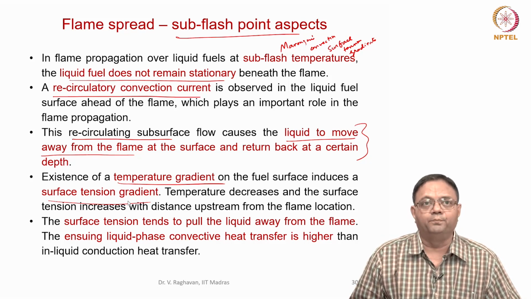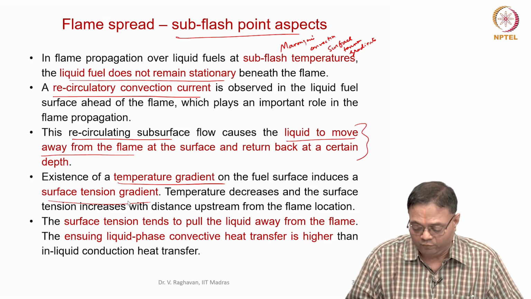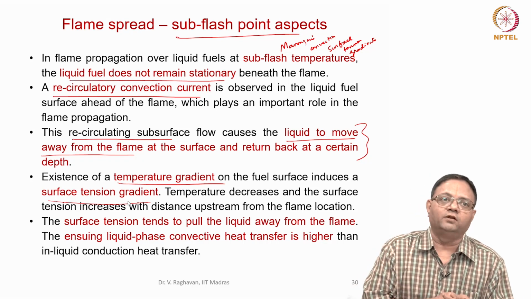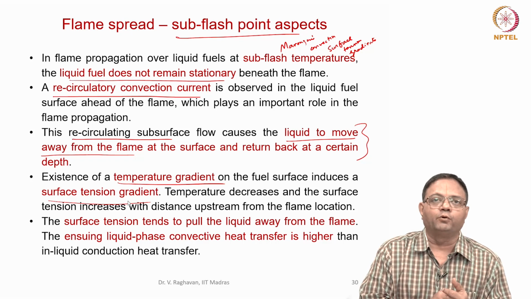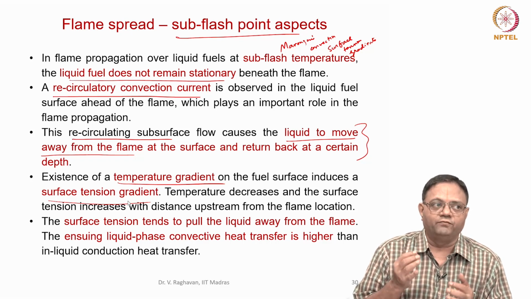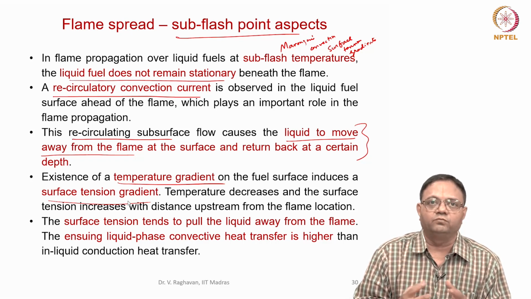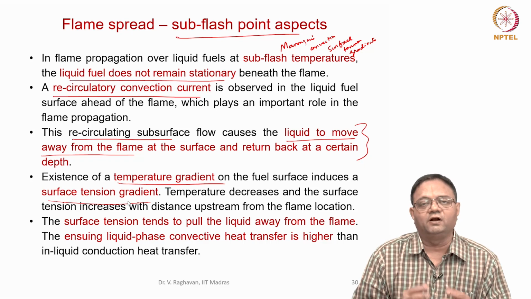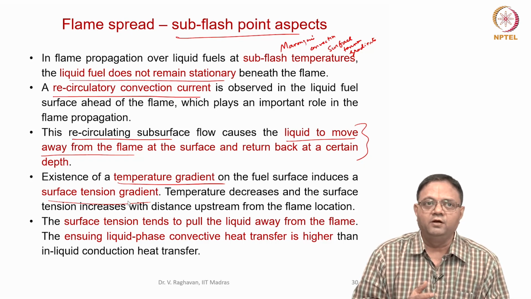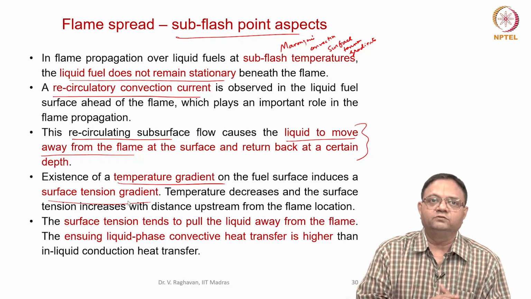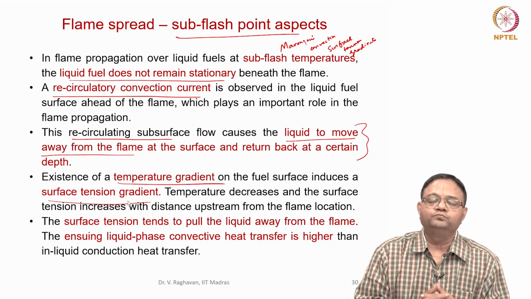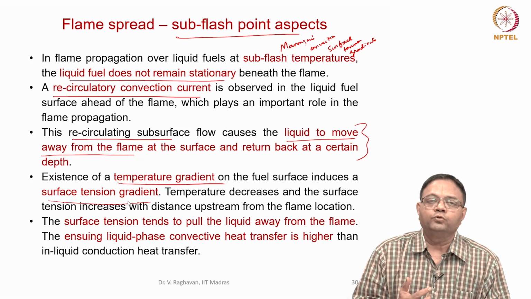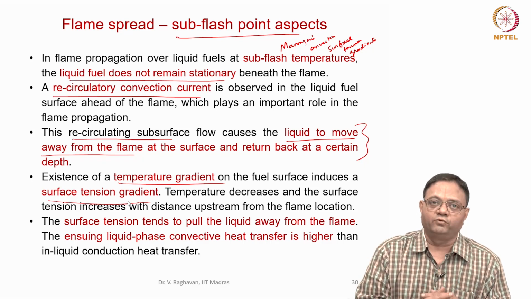To summarize, the flash point is very important because that will produce enough vapor, and if the initial temperature of the liquid is above the flash point, then the flame spread rate will be much faster. If it is below the flash point, several phenomena occur. The flame spread can be oscillatory, it can cause surface convection, it can also have a pseudo uniform regime, and so on.